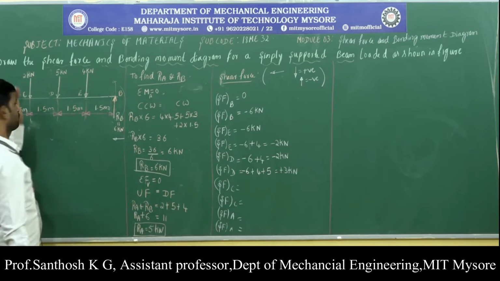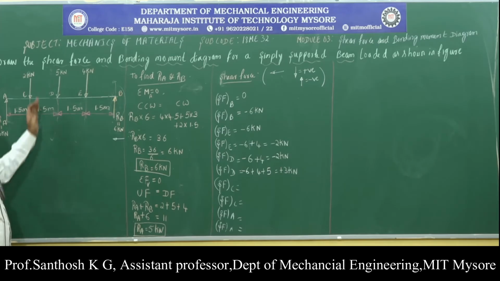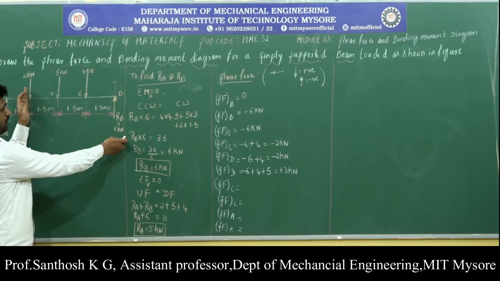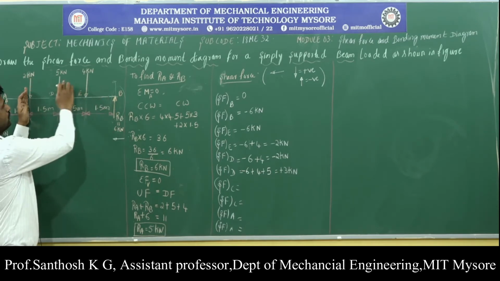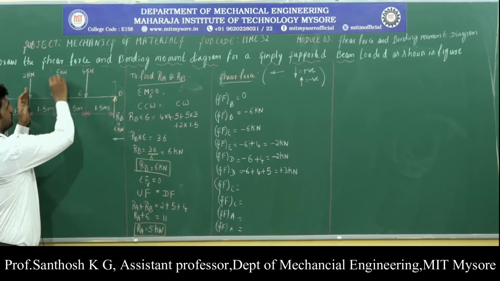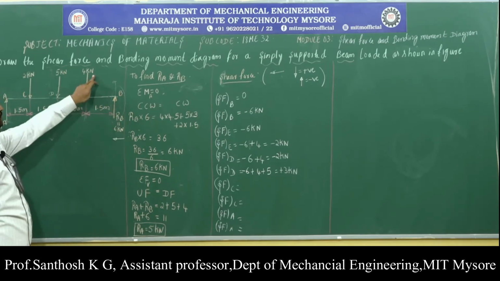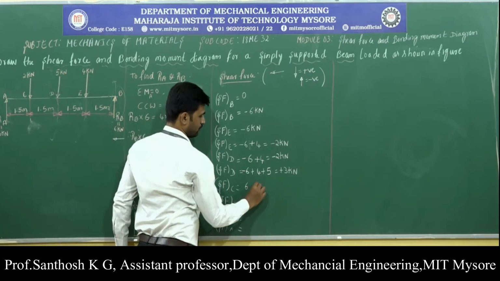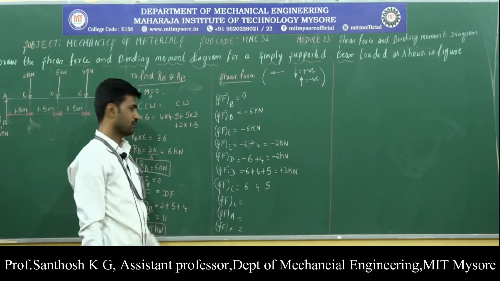Now let us try to find the shear force that is acting at point C. When you move from right to left, if you neglect this force, then we are having only 3 forces: one is 6, another one is 4 and the last one is 5.